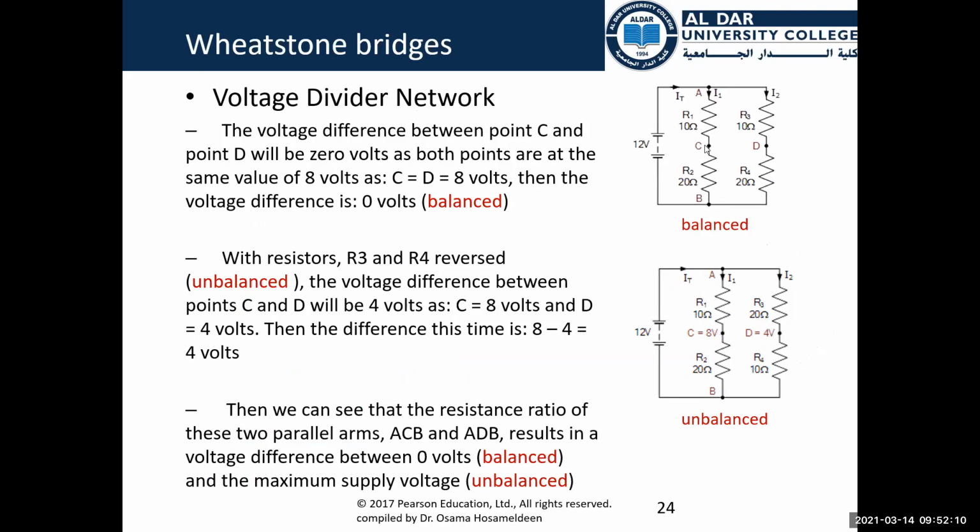The balanced one is having the difference between C and D equal to 0, and the unbalanced one is the opposite, making the R3 and R4 opposite in the location. Accordingly, we have another value which is 4. So I can control the voltage between these two terminals. I can have any value from 0 to 4. I can control it just by changing the resistance here.